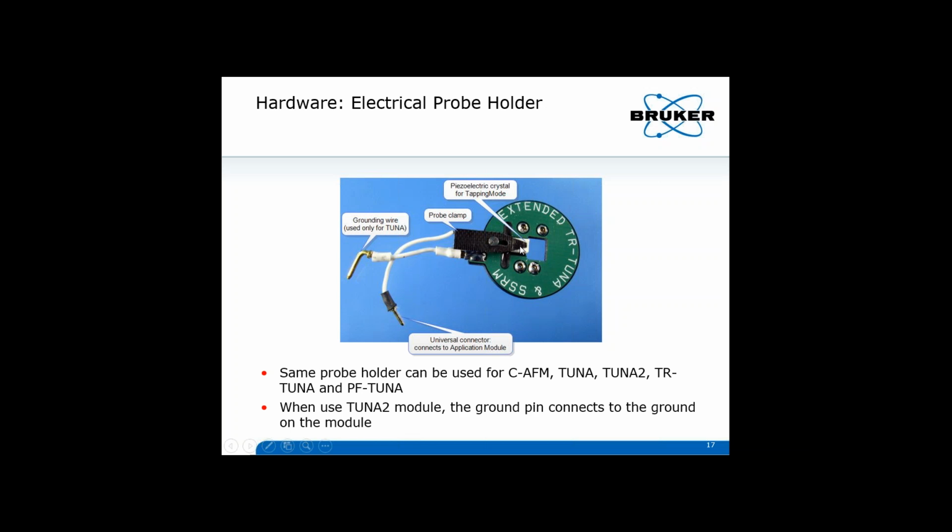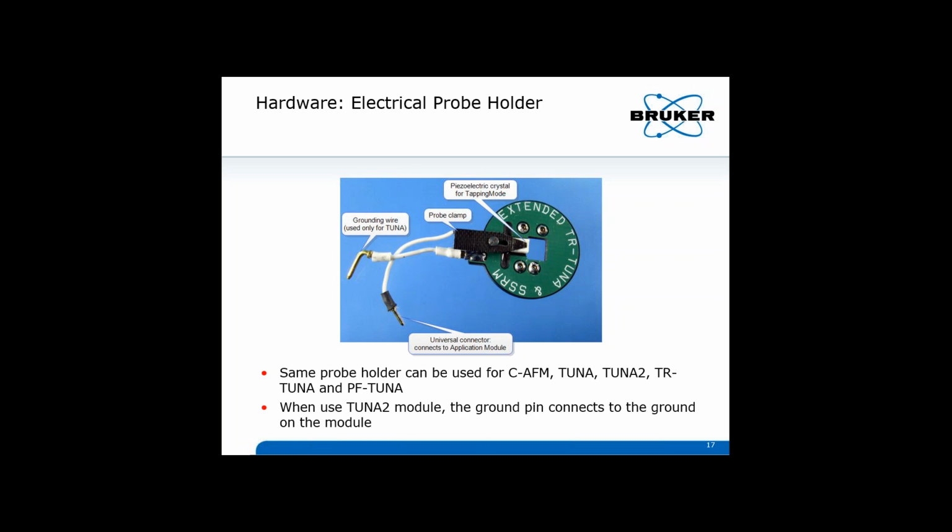Underneath the probe clamp, there is a small piece of metal to make sure the front side of the probe is conducting and to send the current signal to the sensor. This is the universal connector, and this is the ground wire, which is only used for the tuner 2 module.